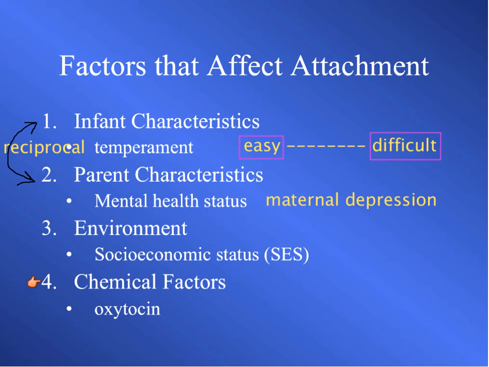Okay, and then hormonally, there's a hormone that is released during labor and during delivery, after delivery, called oxytocin. So this is relevant, obviously, only for moms. Oxytocin is considered to be, somebody in the first class called it the cuddle hormone, right?